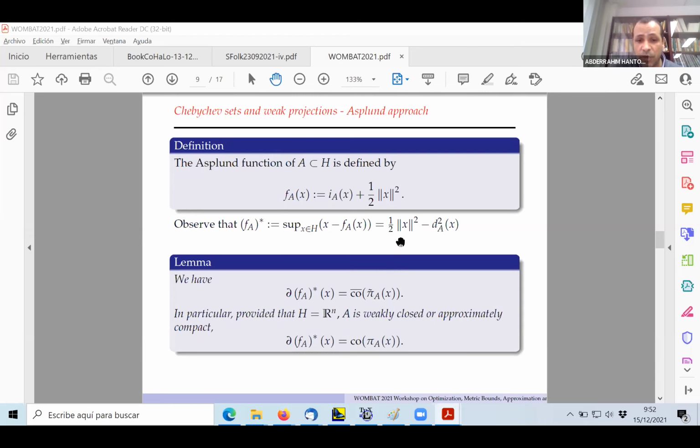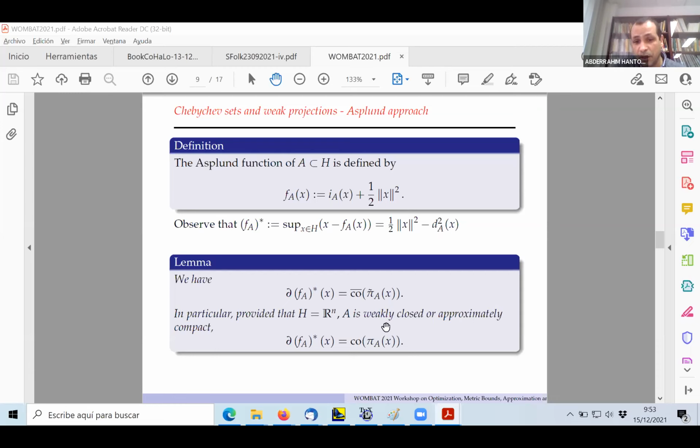And in a result we have with Correa, Marco Lopez, and other colleagues, we proved that the subdifferential of this conjugate function actually is related to what we call weak projection. Actually, in our approach, we use supremum functions, and we developed other calculus. I believe that this result could also be obtained just by doing some subdifferential calculus on this function, actually the distance function.